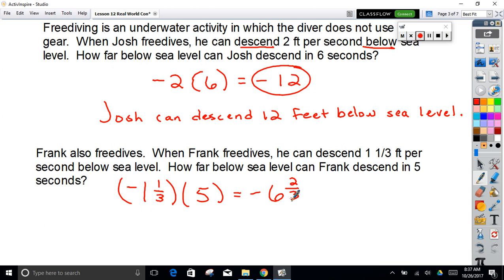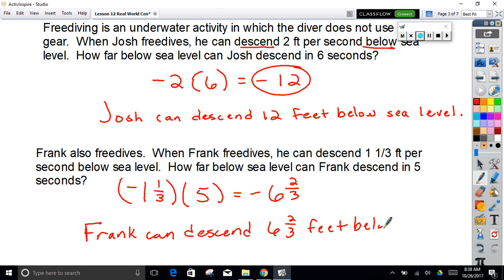Frank can descend 6 2/3 feet. Good. Frank can descend 6 2/3 feet below sea level. And again, you don't want to have a negative sign in front of the 6 2/3 here, because when you're saying 6 2/3 below, you're already saying that it's negative.